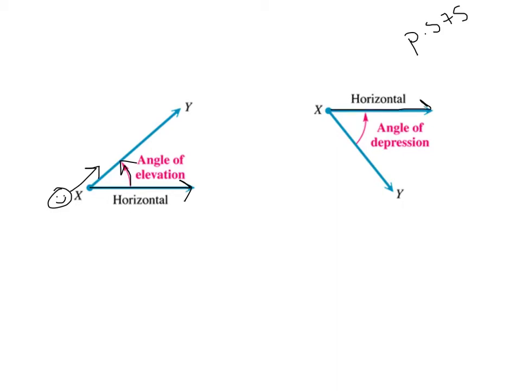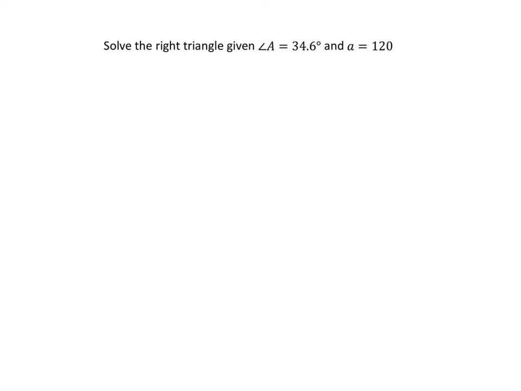If your horizontal is here and your eyes are looking down, that's an angle of depression. So these are very important concepts when you're working on word problems. There isn't a lot of instruction in this particular section because we're already at the examples, but there will be many, many example problems for you to do in class.